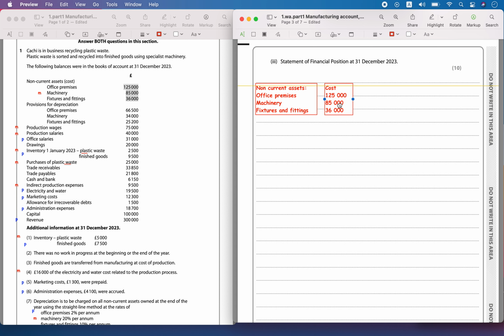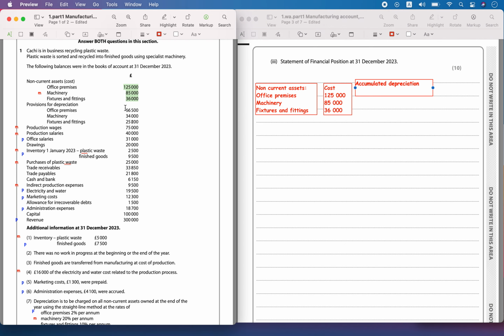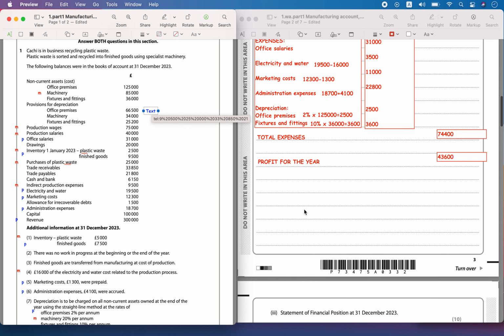Then you have the accumulated depreciation. So let's write the accumulated depreciation expenses. We will have to add to this 65,000 plus. What was the accumulated depreciation for the office premises?